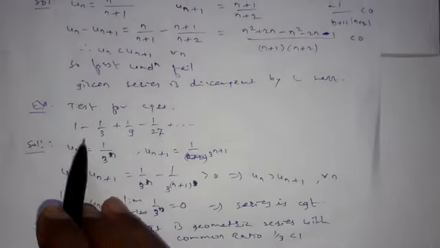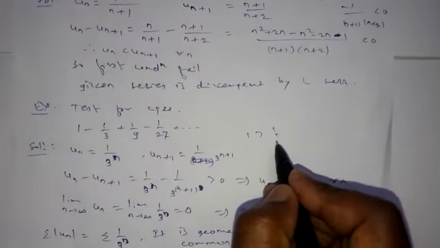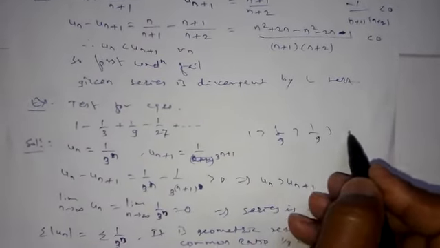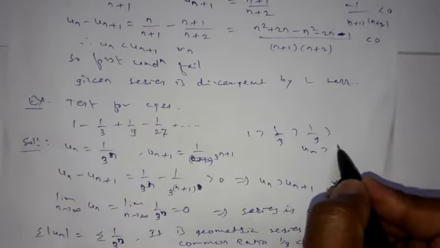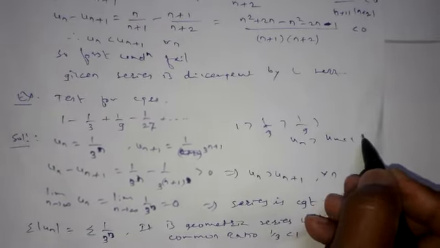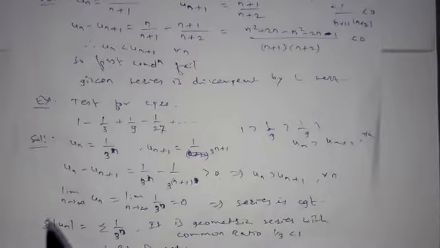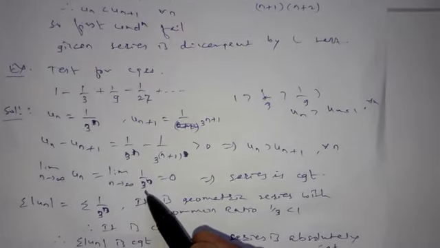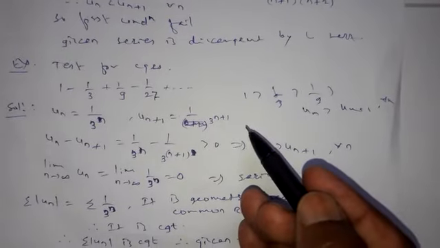So you can check 1 is greater than 1 by 3, which is always greater than 1 by 9, and so on. So un is greater than un plus 1 for all n, correct? And limit n tends to infinity un is 0, because 1 upon infinity is 0. Thus this series is convergent.